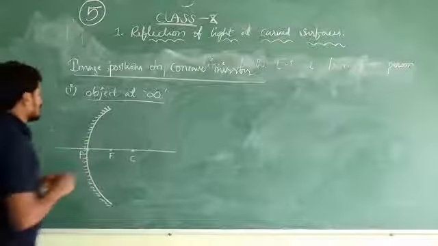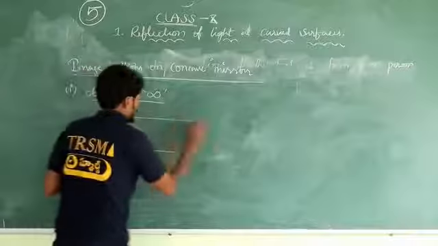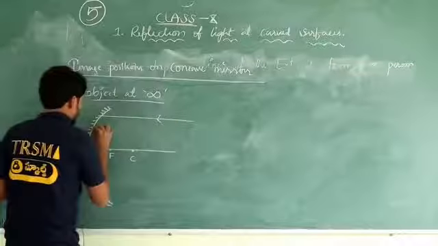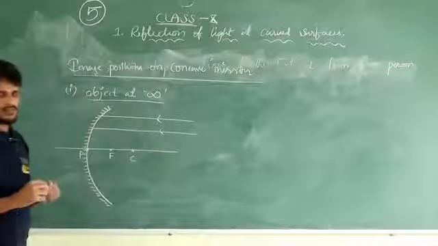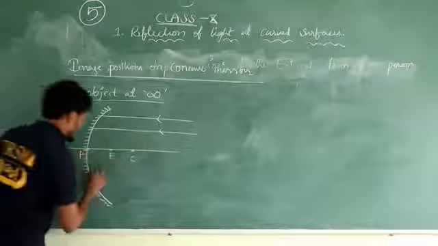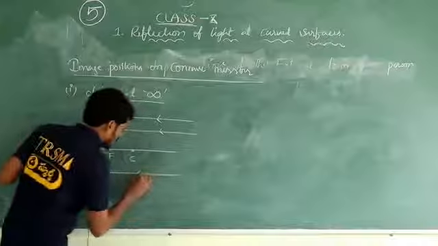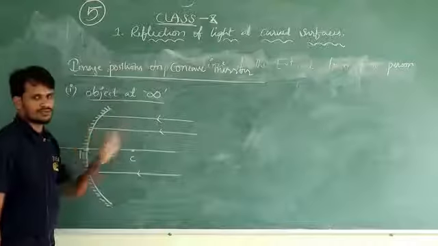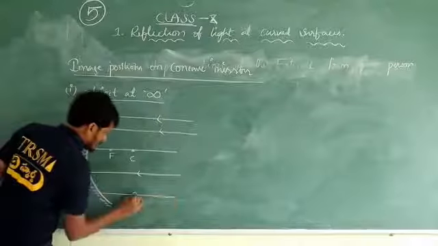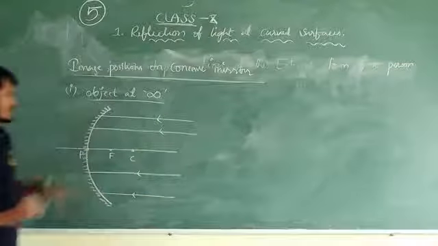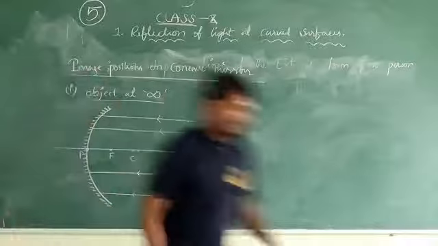Now let's take all incident rays as parallel to each other, parallel to the principal axis, coming from a light source placed at infinity of distance. So all rays are parallel to the principal axis.